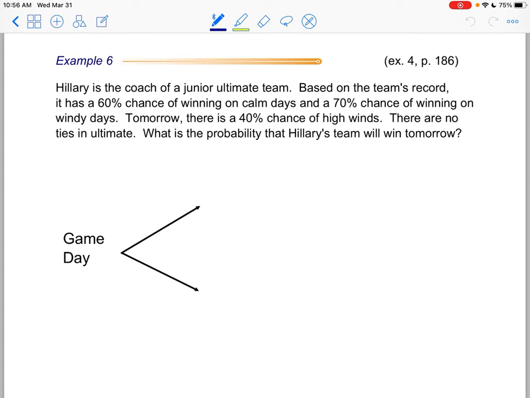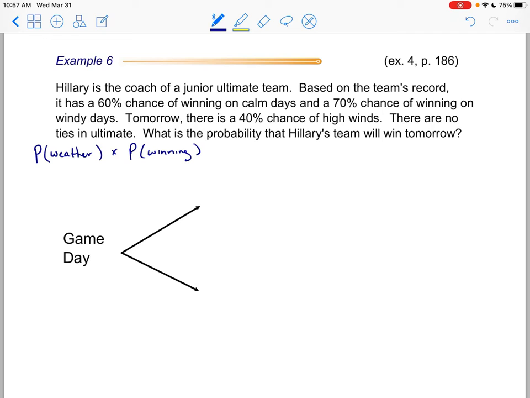And there's the case of the weather is windy and they win. So the probability of a win depends on two different things: the probability of the weather and the probability of winning in general, right? So we have probability of weather and the probability of winning.